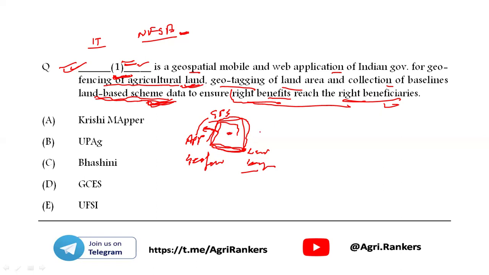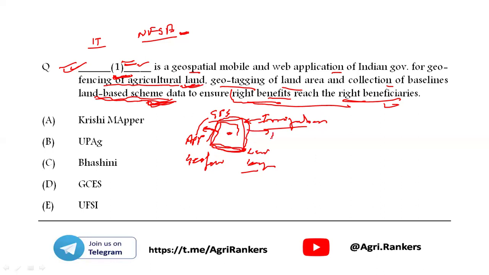So after doing that, what happens? The official will also record the data about land-based schemes, which means that he will record under which scheme this land is being covered. For example, there are some land-based schemes like our irrigation schemes. To take benefit of any of the irrigation schemes like Mantri Yojana, you must possess land.